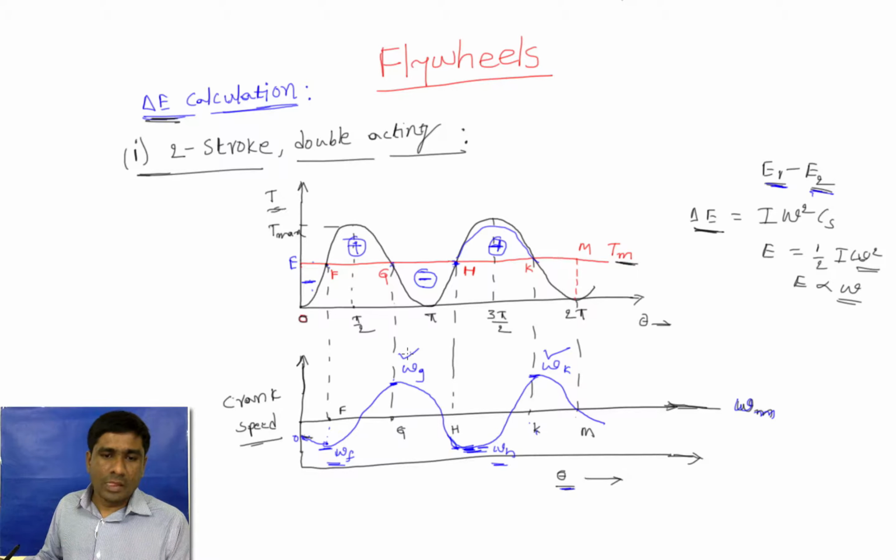So if point F is the minimum and point G is the maximum velocity, then we need to calculate E1 at G and E2 at F, and the difference between them gives the delta E. In the other way, if you extend these lines to the original bending moment diagram, this is the area that gives the maximum fluctuation of energy.